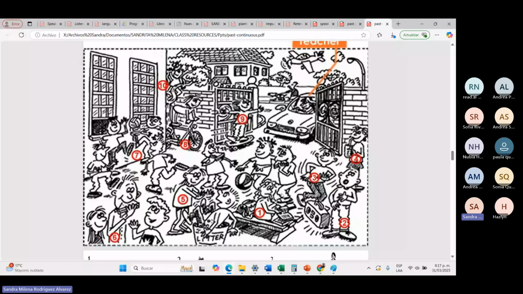What is happening here? ¿Qué está haciendo esta chiquita? Number 1. She was reading.